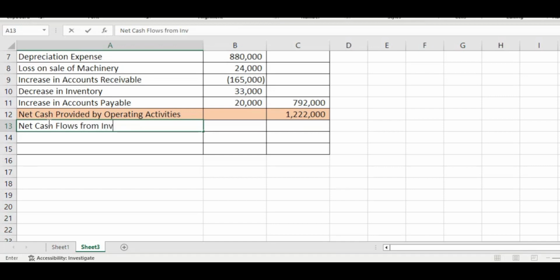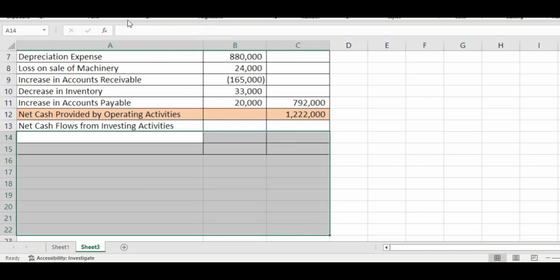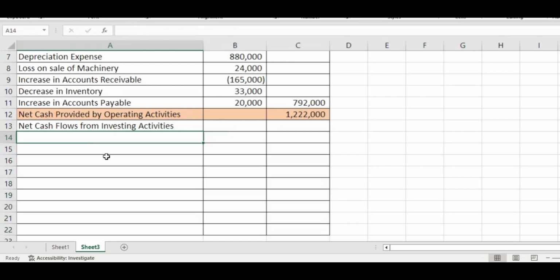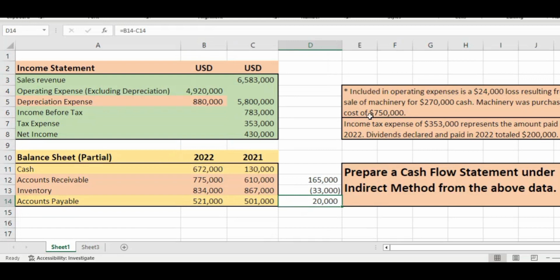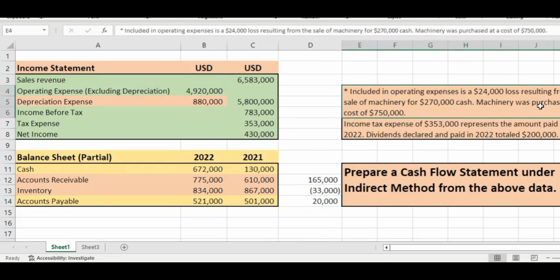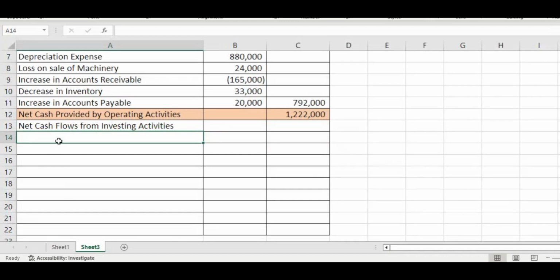Now we go to the net cash flows from investing activities. Which information will be included here? This is just the investing activities information, that is purchase of machinery and sale of machinery. The sale of machinery was 270,000 and purchase of machinery was 750,000.